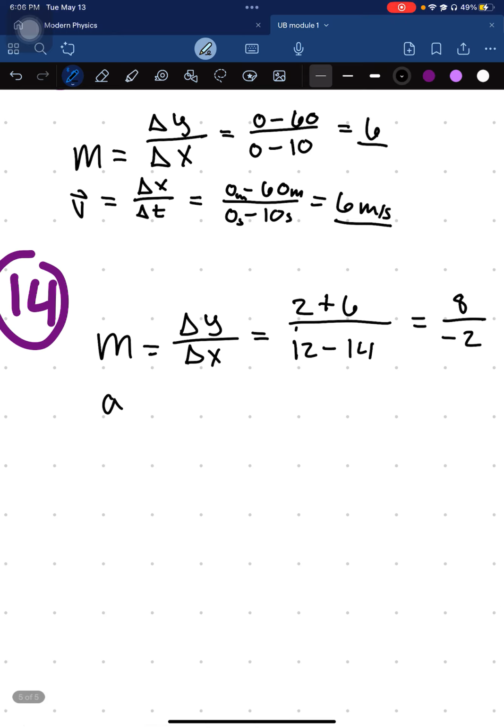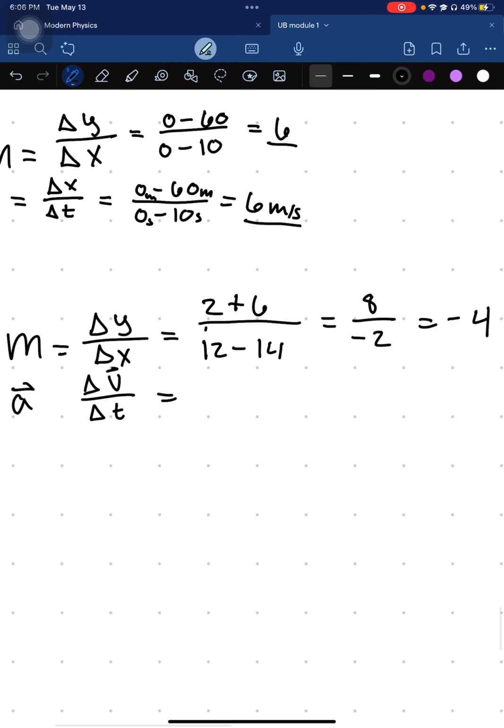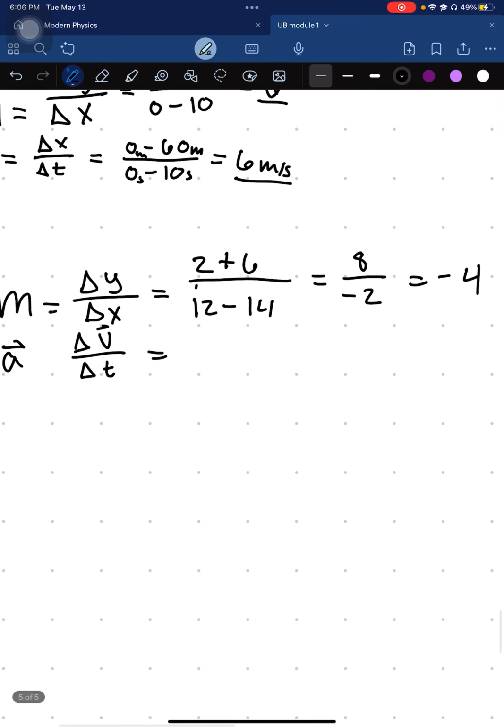Now our acceleration, we have our change in v over our change in t. Our change in velocity, well, our velocity is on the y-axis. So it's going to be 2 meters per second minus a negative 6 meters per second all over our change in time, which is still 12 seconds minus 14 seconds.